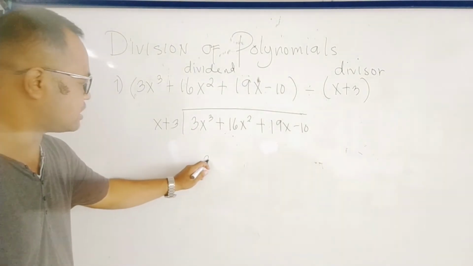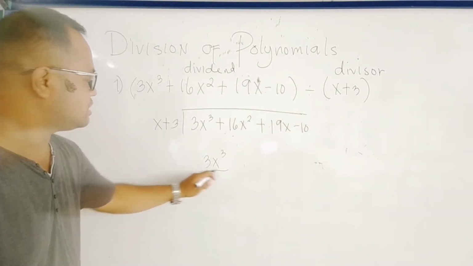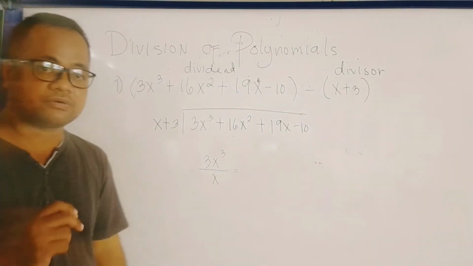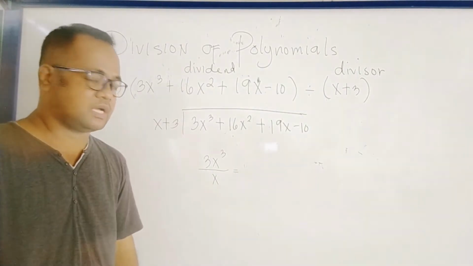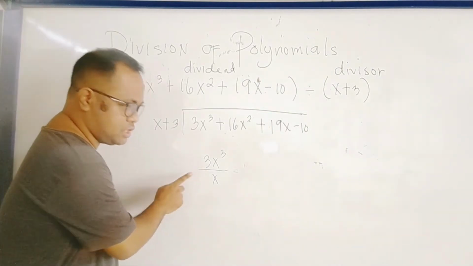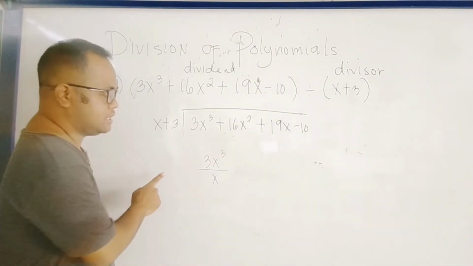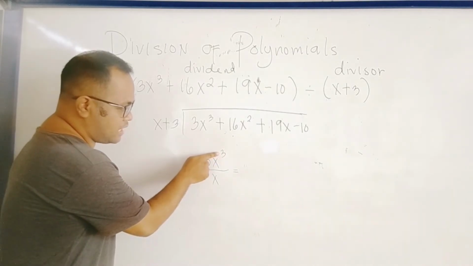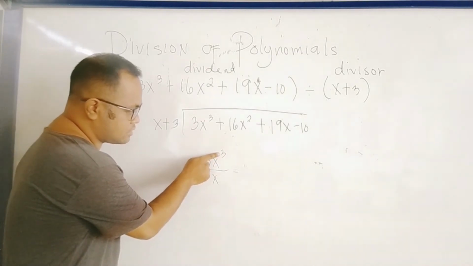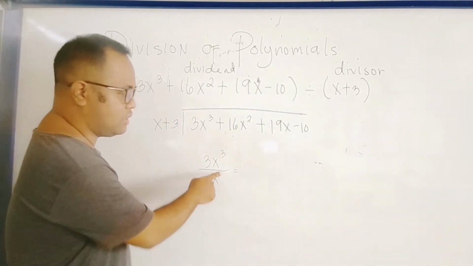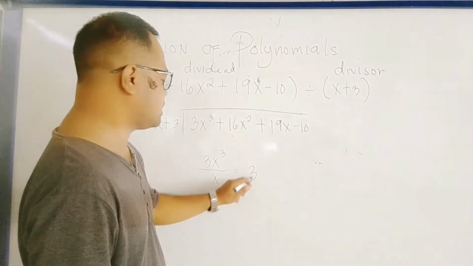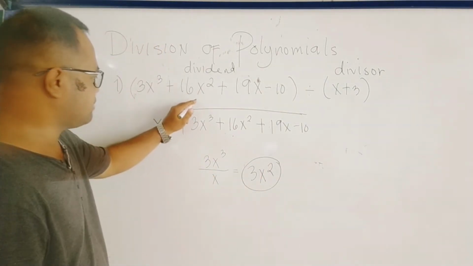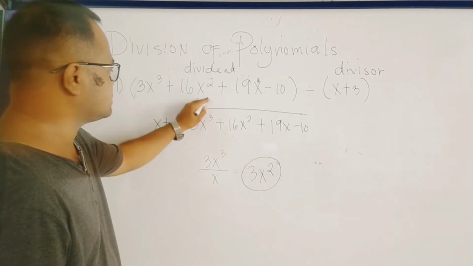You just divide by the rule of division of powers, so you have to subtract the exponents. 3 minus 1 is equal to 2, so we have here 3x squared. Therefore you write here 3x squared.